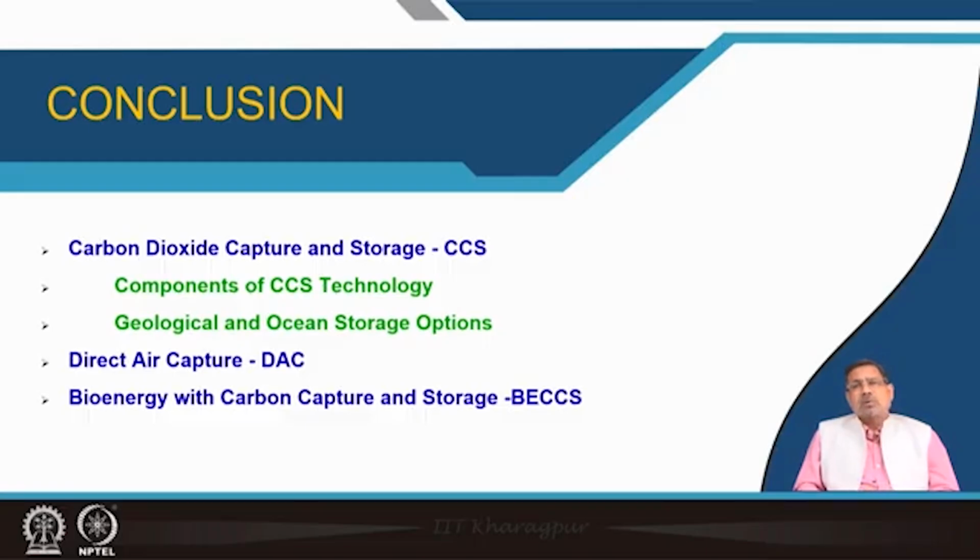We discussed the direct air capture because CCS is different. It is from the sources where dominantly the carbon dioxide emission is happening, but direct air capture is from other places where it is required, such as airplane and other aviation sectors. Bioenergy and CCS is a negative carbon emission kind of system where it is withdrawn by the biota or by the plant systems.